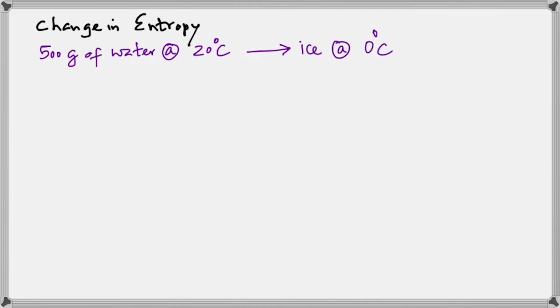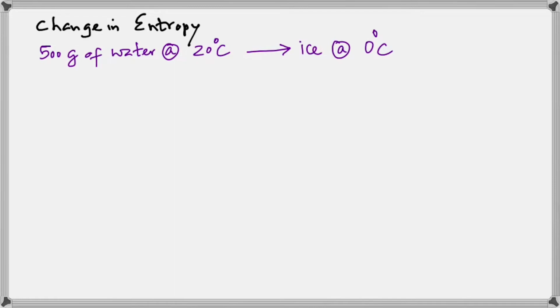So how do we do change in entropy here? First of all, when you read this question, you understand there are two processes involved. What are the two processes? You have 500 grams of water at 20 degrees Celsius. You want to make it ice at 0. But water will not become ice until you lower the temperature to 0.